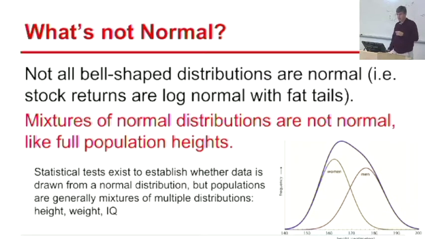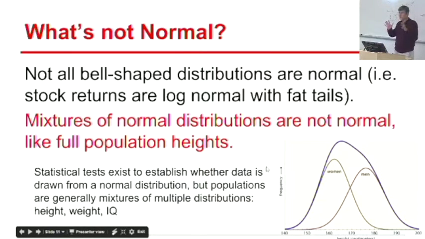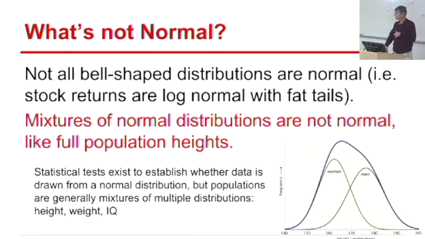But recognize that the normal distribution is in some sense a theoretical construct that people build. And when you see observed data, usually it's a mixture of different phenomena. And so you shouldn't expect it to be perfectly normal, but a mix of things.